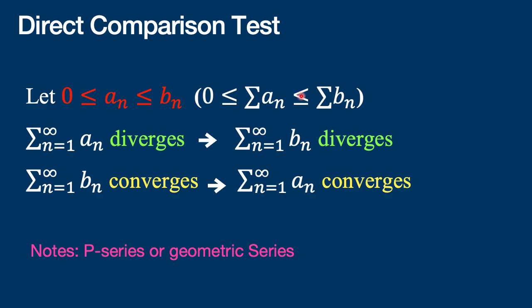Another way: if the series of b_n converges, then the series of a_n also converges. So look at this inequality. That's how you understand this direct comparison. We're going to use benchmark series, which will be p-series or geometric series. We will have a first example in the next slides.